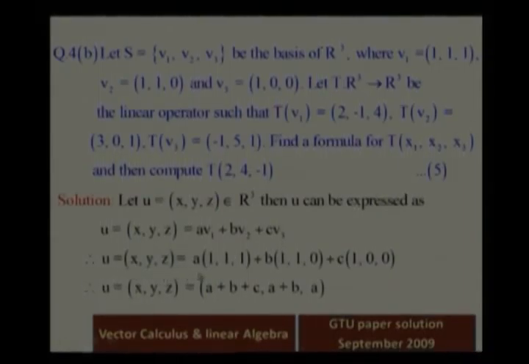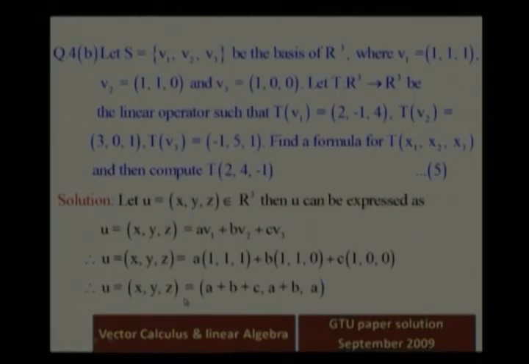Because V1, V2, V3 are basis vectors, any vector of R3 can be expressed as a linear combination of these three basis vectors, right? Put in the values of V1, V2, V3: (x, y, z) is equal to A into (1, 1, 1) plus B into (1, 1, 0) plus C into (1, 0, 0). So (x, y, z) is equal to (A plus B plus C, A plus B, A).